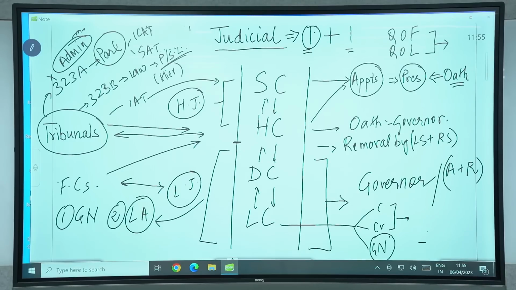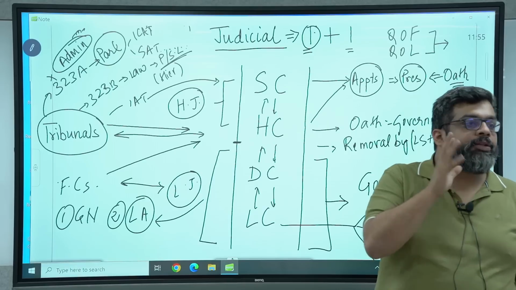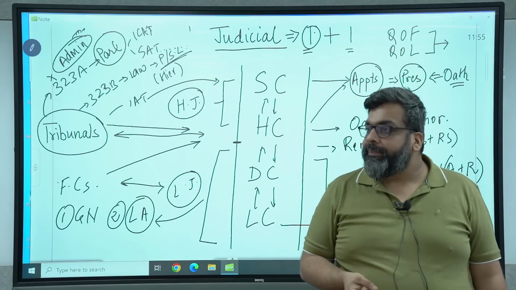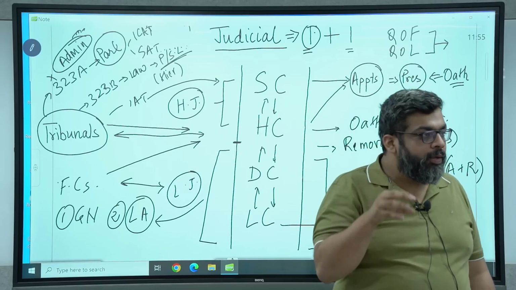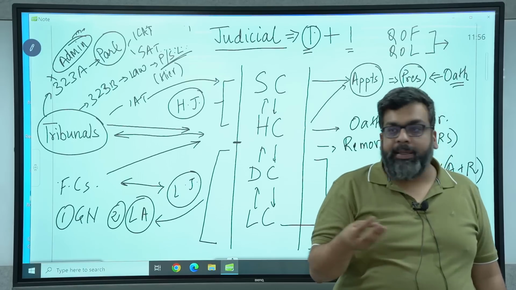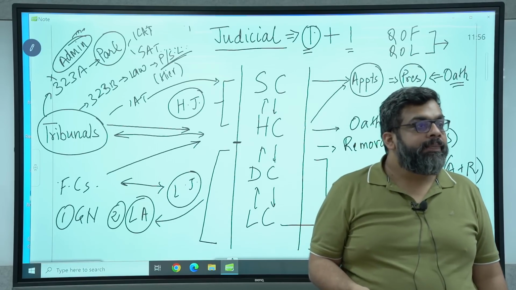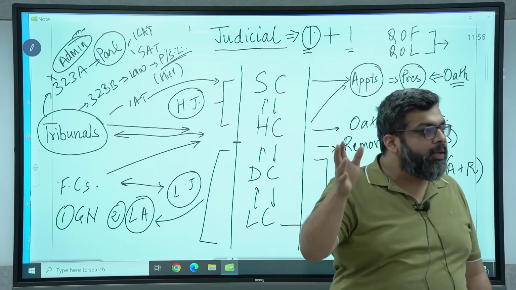So if in a prelims question it comes, which of the following are interpretations or meanings of an integrated judiciary? An appellate system, the applicability of judgments of higher courts to lower courts, the principle of judicial precedent, the fact that lower courts are under the supervision of higher courts.